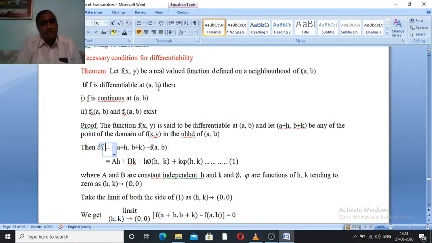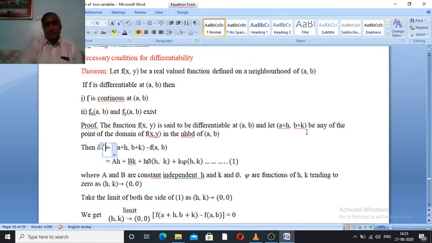If f is differentiable at (a,b), then show that f is continuous at (a,b) and first order partial derivatives with respect to x and y exist. Proof. The function f(x,y) is said to be differentiable at point (a,b). It is given. Then to show that function f is continuous and the first order partial derivatives exist.